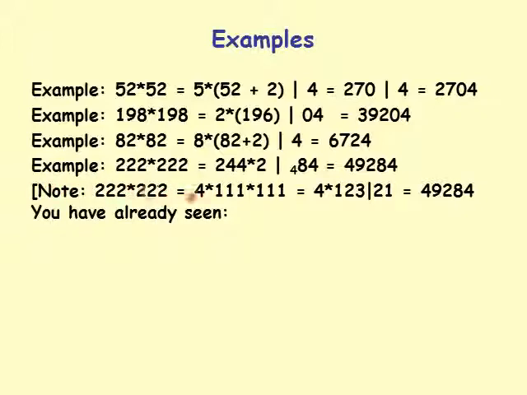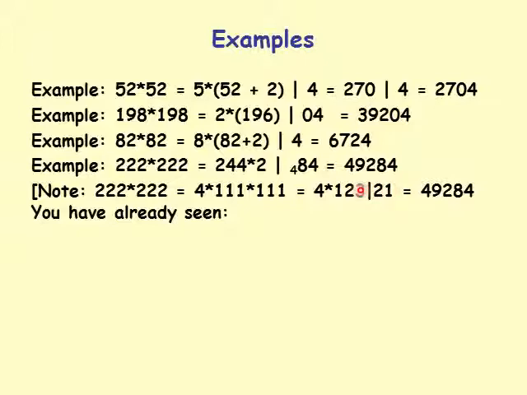Let's continue here. Example, you can also do that. 222 times 222 is 4 times 111 times 111, and 111 squared is 12321. Okay, you can either use the sutra, which is using proportional base numbers, or you can say that 111 times 111 is 12321. This is symmetric here.